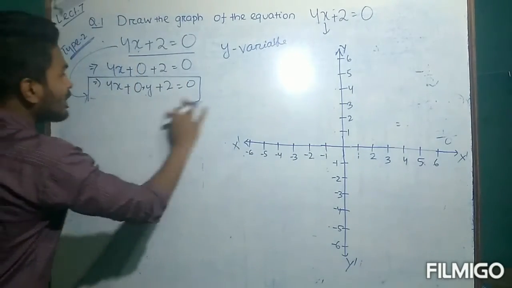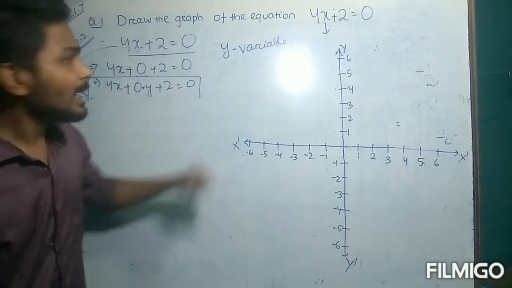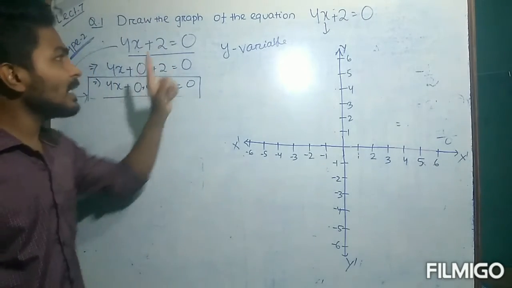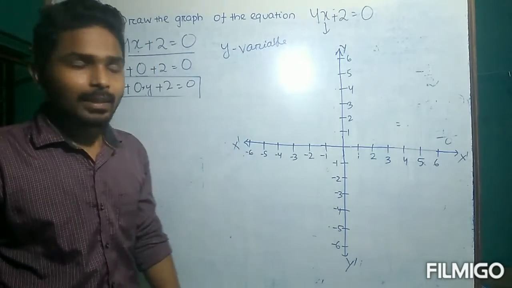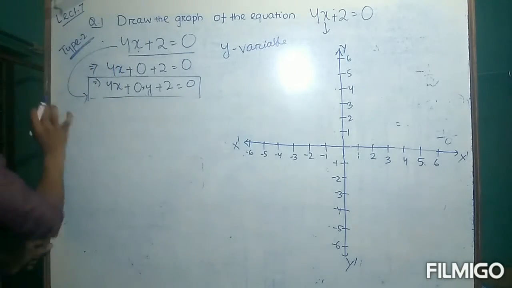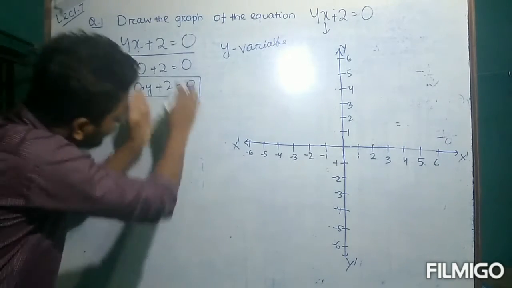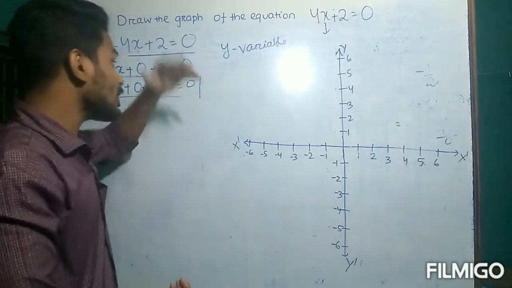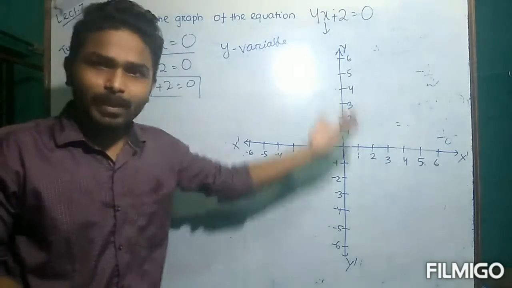So how can we find the solution of this type of equation? I will tell you a trick. In such cases, you have to find which variable is missing. Since the y variable is missing here, in such a case you have to take different values of y and find the different values of x. In other cases, you put different values of x and find the different values of y.